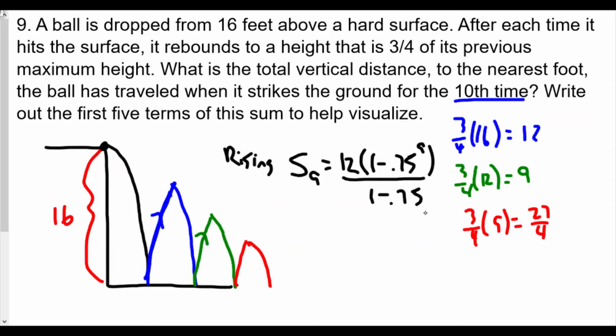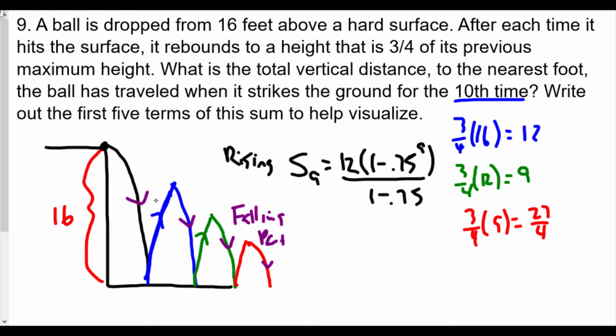Now the falling part, interesting enough, we will fall the same exact number of times as we rise, but we see we have one more extra piece of falling of 16. All right?